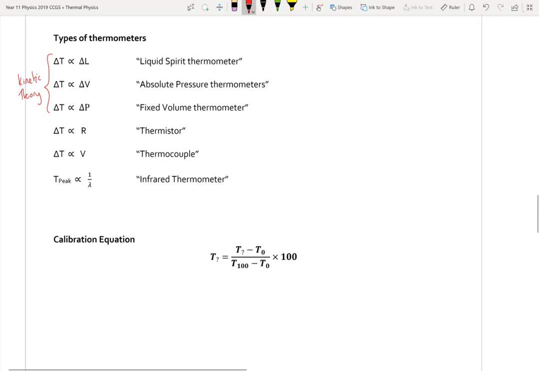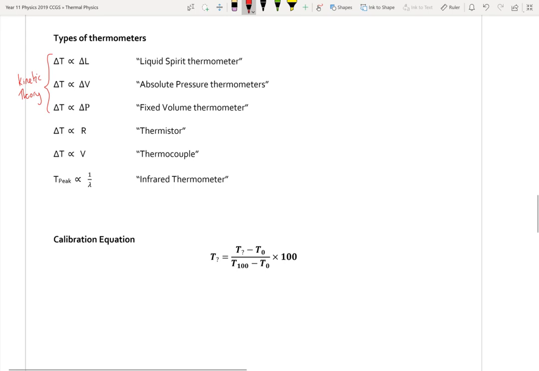So the great thing is that the temperature of a substance is directly proportional to the change in length or the change in volume. For example, the liquid spirit thermometer, its volume is definitely changing, and obviously if the cross-sectional area of the capillary is constant, then the only way it can increase its volume is by increasing its length. Okay? So we've got a very nice direct proportionality.